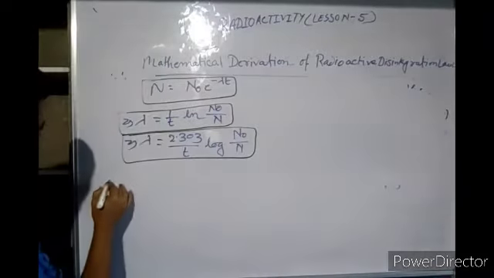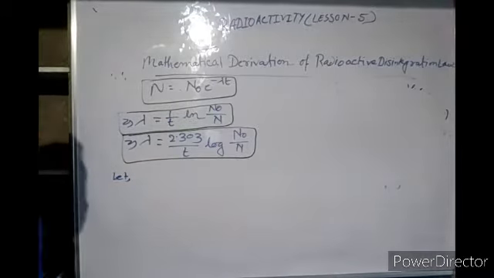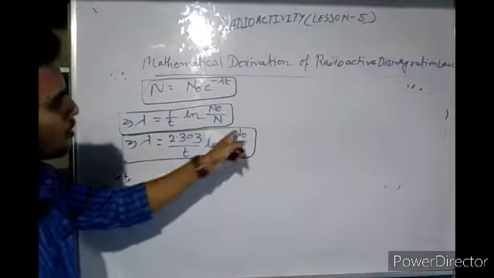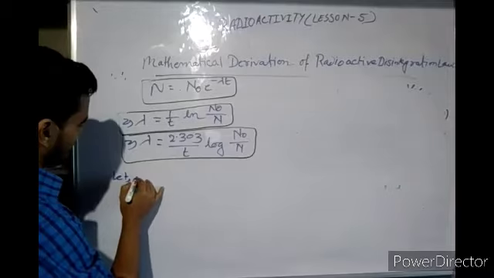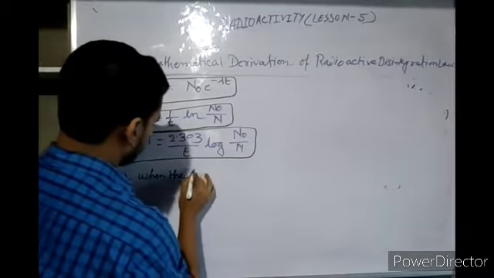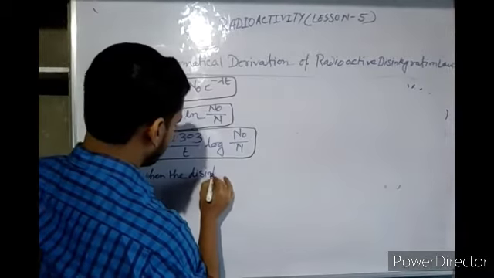Let's take when the radioactive disintegration starts, the initial amount of radioactive isotope is A gram.